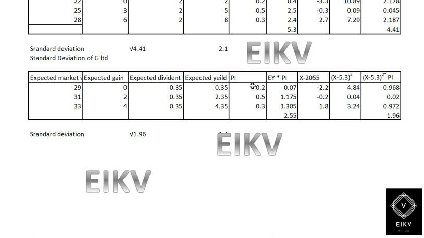So x would be 0.35, 2.35 and 4.35. So 0.35 minus 2.55, and 2.35 minus 2.55, and 4.35 minus 2.55 will give you x minus x bar as 2.2, 0.2 and 1.8 respectively.